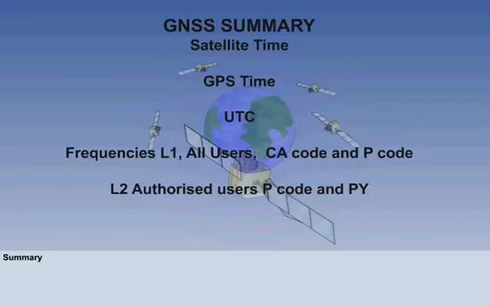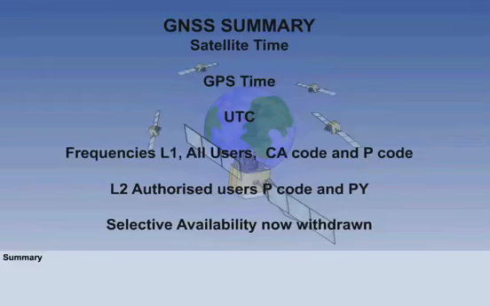It uses P and PY codes. GPS nominally offers two grades of service, standard and precise. However, selective availability has now been removed, so all users get the precise service.